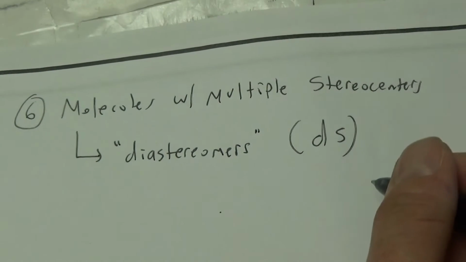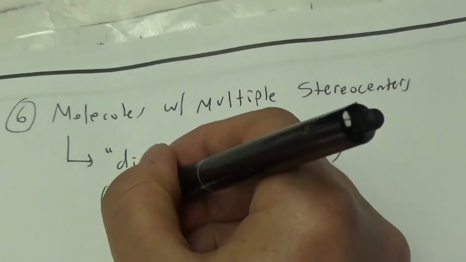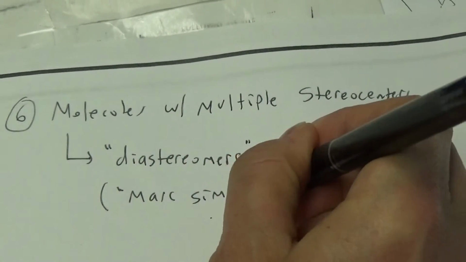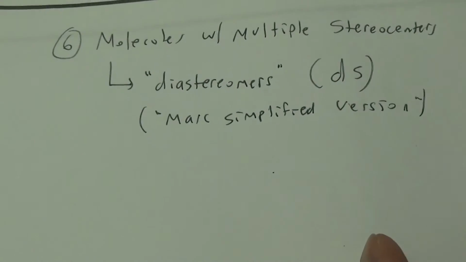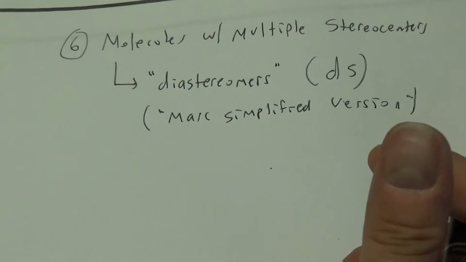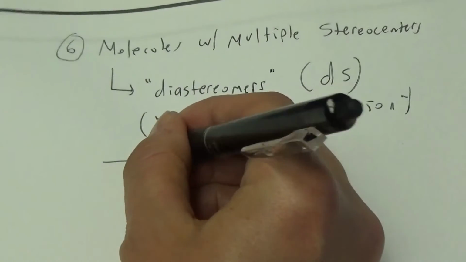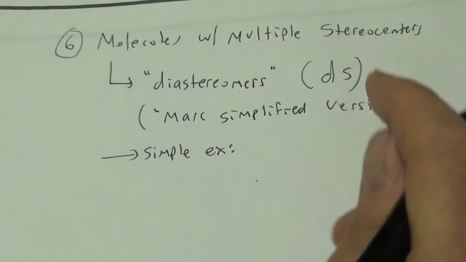Okay. All right, so this is the Mark simplified version. The book goes into some detail that I think is a little unnecessary and a little confusing. So let's give the Mark simplified version of diastereomers. And let's show a simple example first.